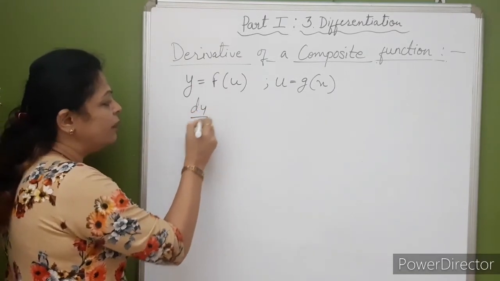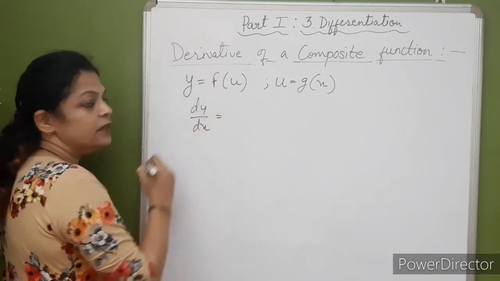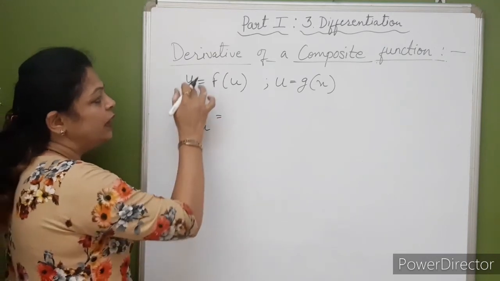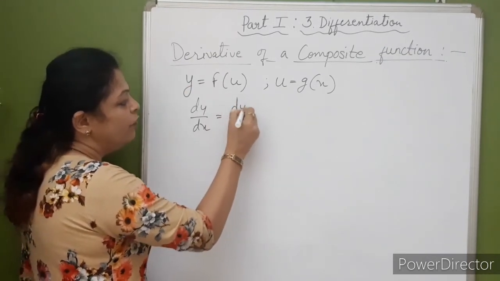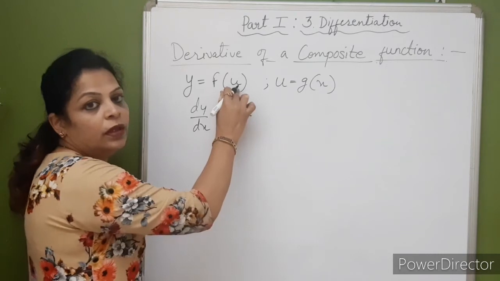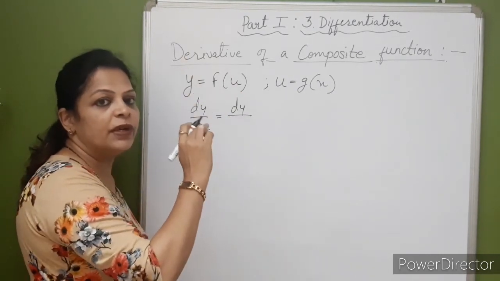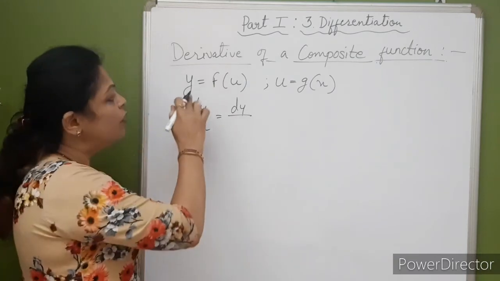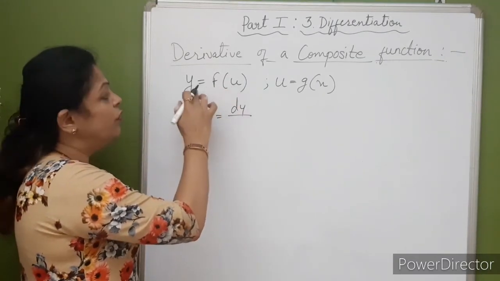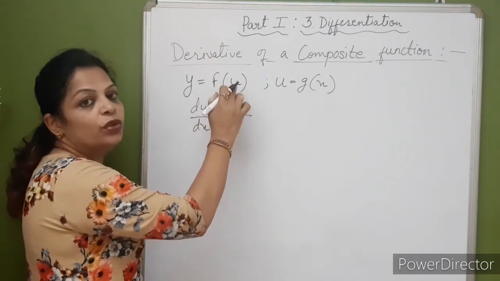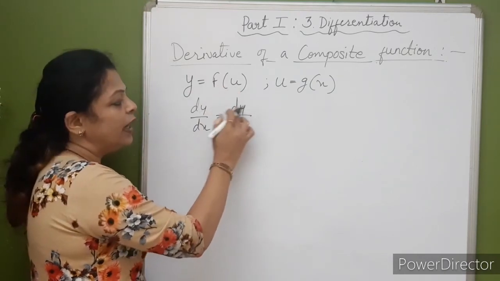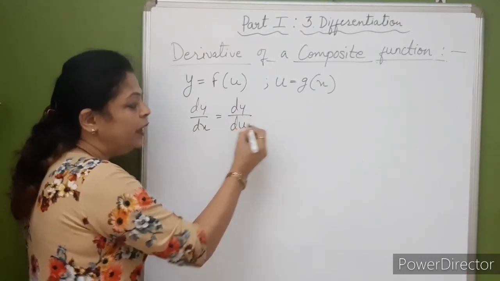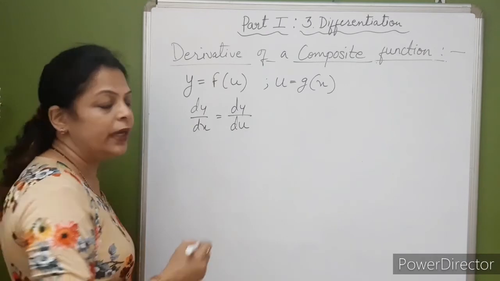Then dy by dx is equal to, what will you do? You will differentiate y with respect to u. Because in the previous case, when y was a function of x, we were differentiating it with respect to x. Now y is a function of u. So we will differentiate it with respect to u, and so we will write it as dy by du. Getting?